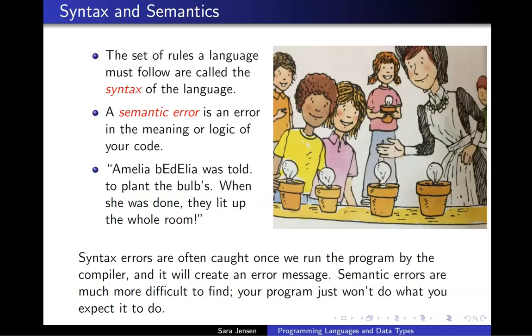However, semantic errors are the much more difficult type of error, and our IDE will not generally be able to help us there. This is a very human aspect of the computer programming practice that needs to remain with humans, the ability to find errors in understanding in code, those semantic errors.